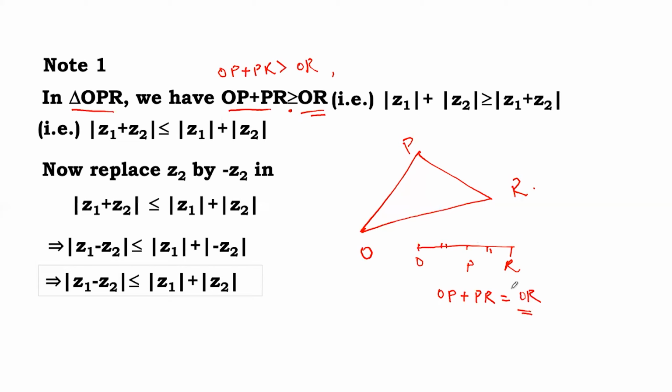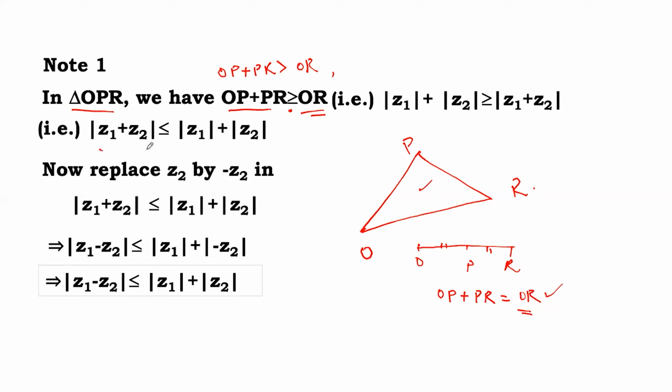So if I mix collinearity and the triangle law, then we can say OP plus PR is greater than or equal to OR. If this is Z1 and Z2, we have already seen that this will be Z1 plus Z2.